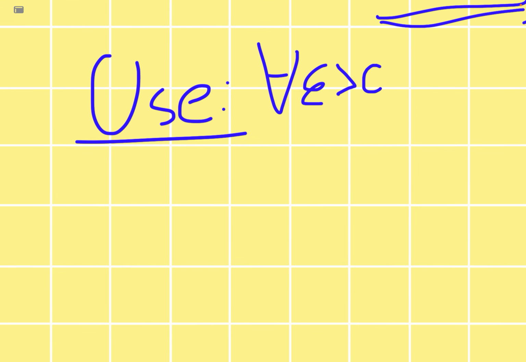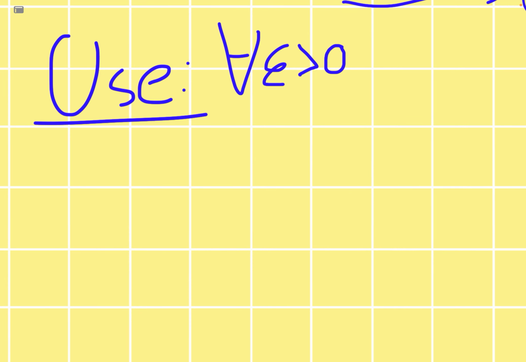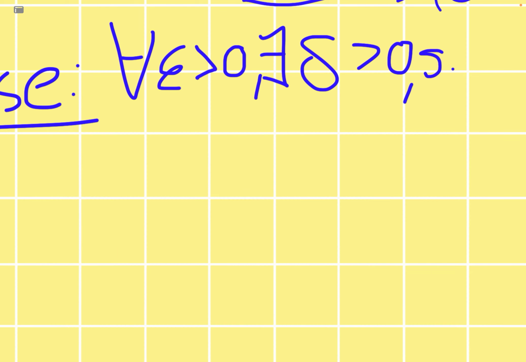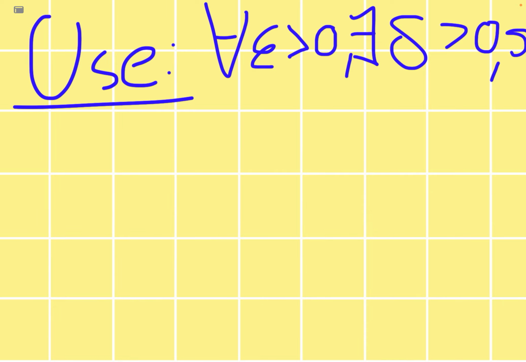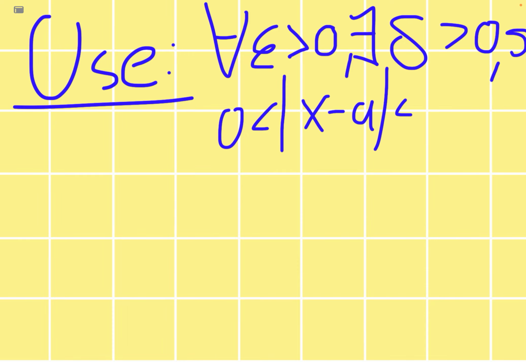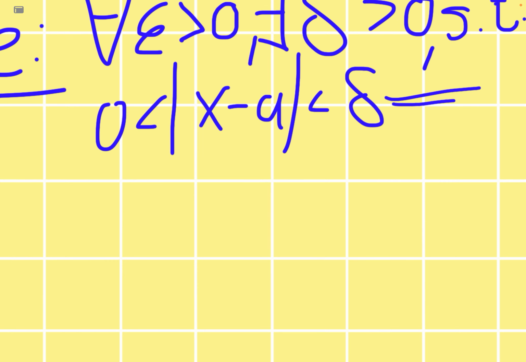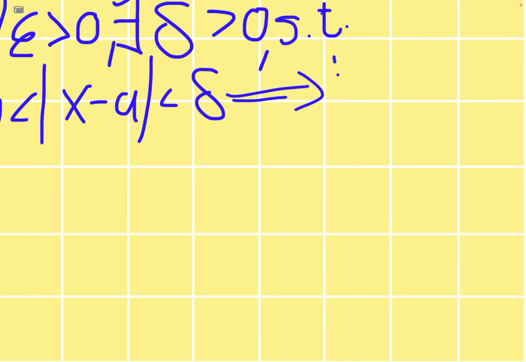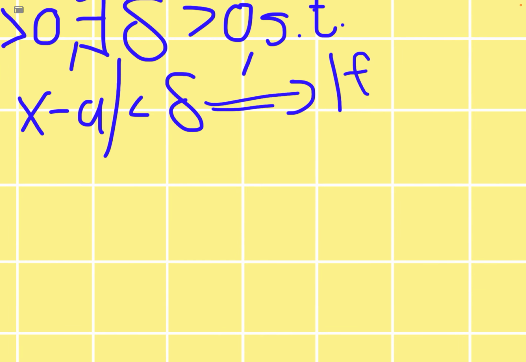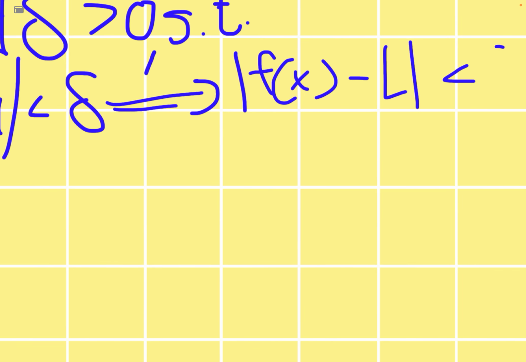But anyways, the epsilon delta definition is: for all epsilon greater than 0, there exists a delta greater than 0 such that if we have 0 less than the absolute value of x minus a less than delta, then the absolute value of the function minus the limit is less than epsilon.